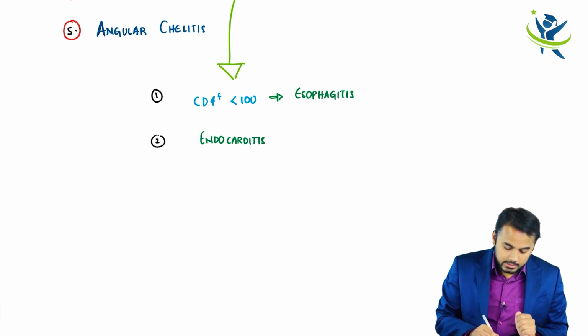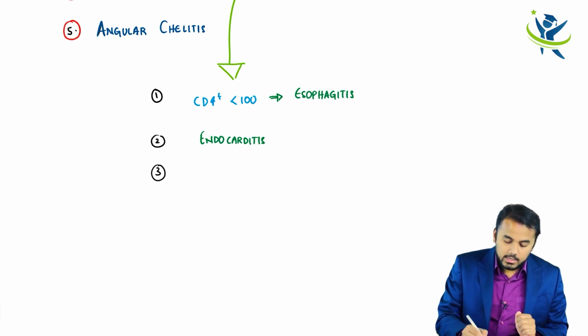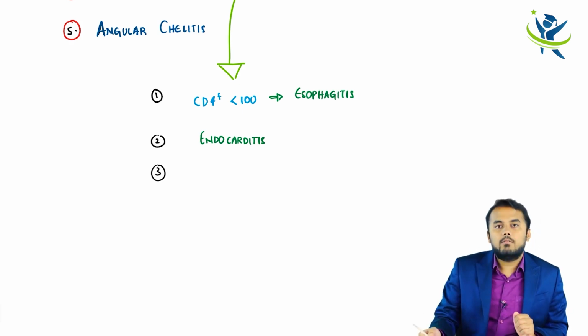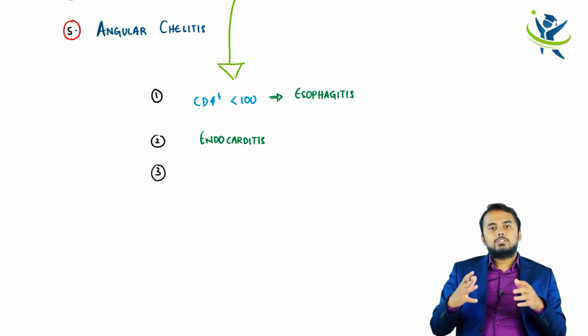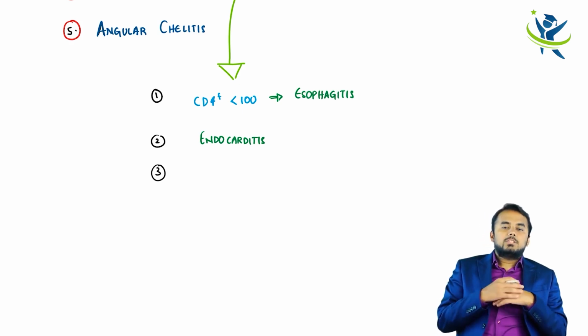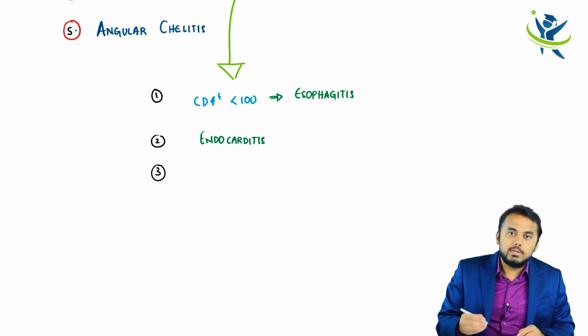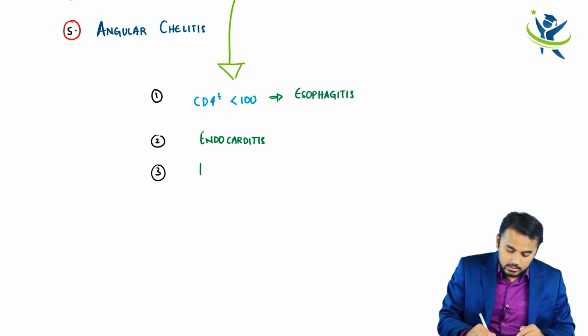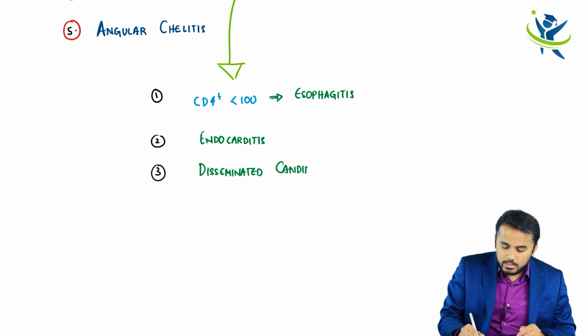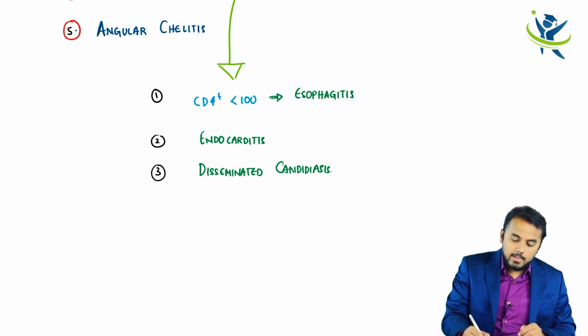The third important thing is that the patient is also going to have Candida infection in the bloodstream. So once it is in the bloodstream, it is disseminated everywhere, and that is called disseminated candidiasis.